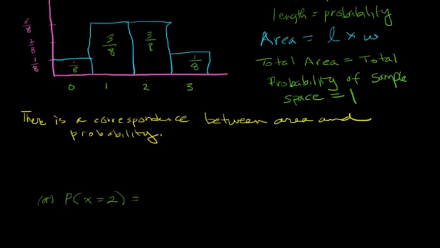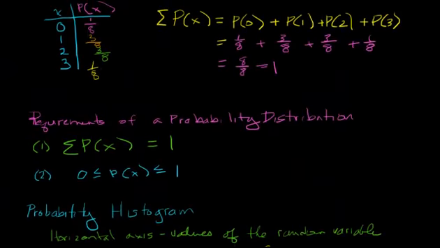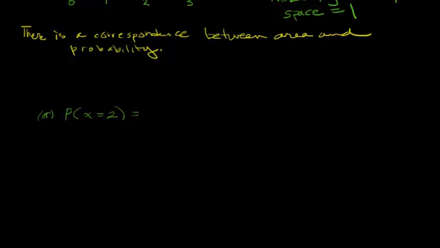So let's say, I'll just call this A. What's the probability that X is 2? Okay, so we can go to our histogram and look at 2. We can go to our table and look at 2, but we can see that the answer to that was 3/8.